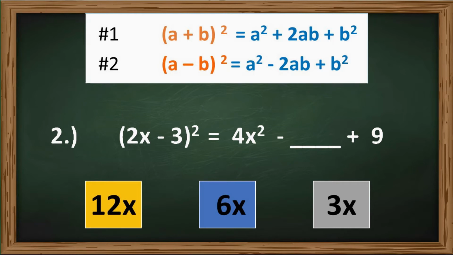Based on the pattern, it is twice the product of a and b. So our a is 2x multiplied by 3 as our b. We got 6x. And it must be twice. Therefore, we got 12x. Good job!